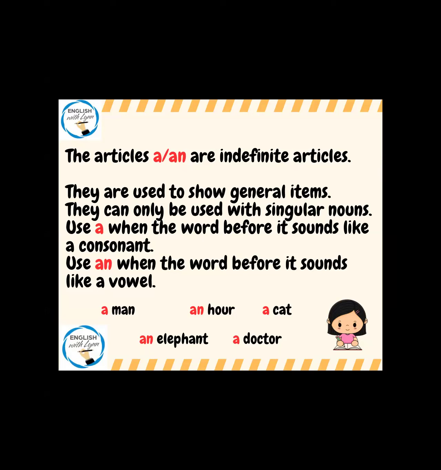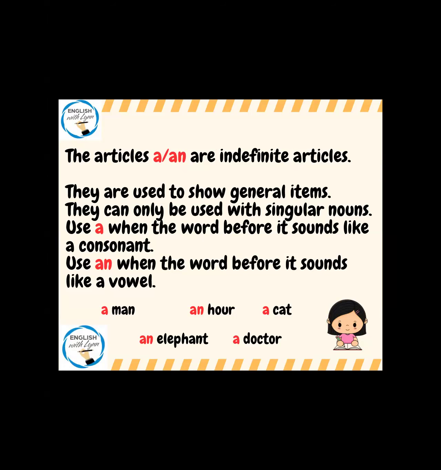But if you are saying I went to the doctor, you are speaking about a specific doctor. So you would need the when you're talking about going to the doctor or the dentist. Okay, so jobs in general, a or an. If you're talking about going to a specific person, you would use the.